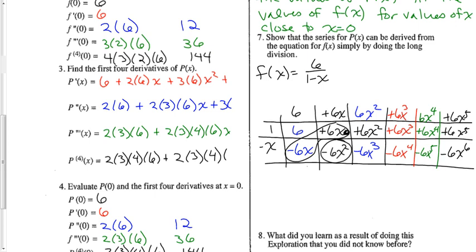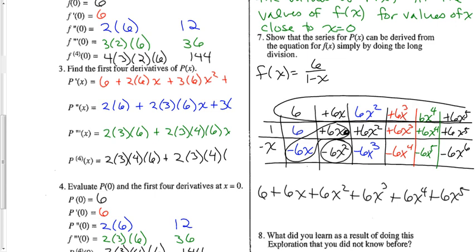So when I take 6 and I divide by 1 minus x, I end up with 6 plus 6x plus 6x squared plus 6x cubed plus 6x to the fourth plus 6x to the fifth. Of course, that's the top. That's what I end up with when I divide.